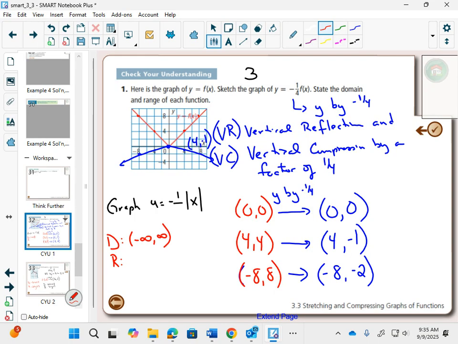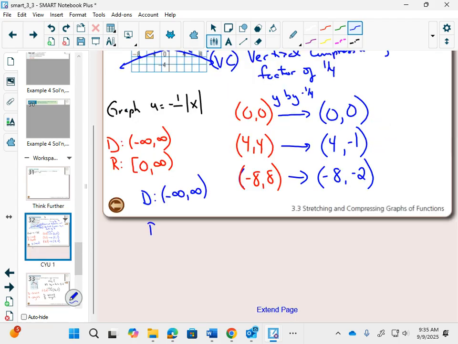And the range started at 0, included 0, and went to infinity. And then on the blue one, domain is still everything. But now the range went from negative infinity to 0.